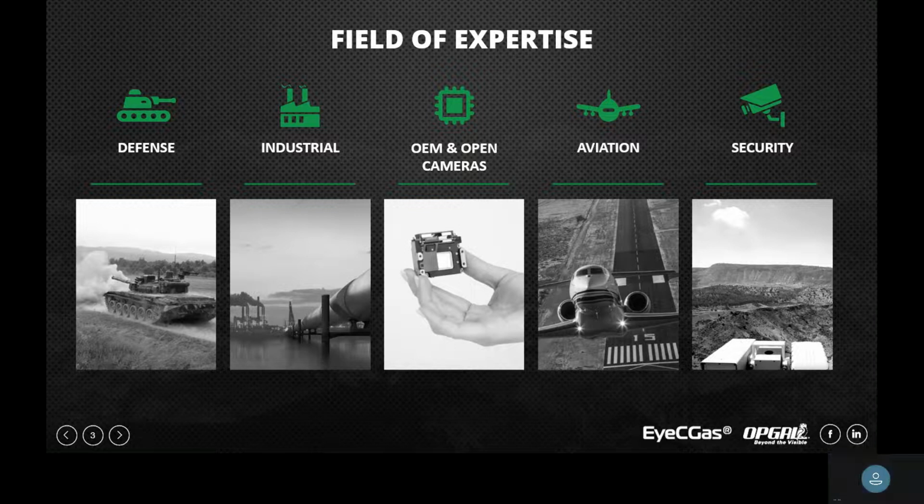Industrial is our division, and under this industrial division, we have the optical gas imaging technology, which I'm sure everybody knows by now. I'm going to introduce our optical gas imaging camera, the EYECGAS 2.0, our second generation.